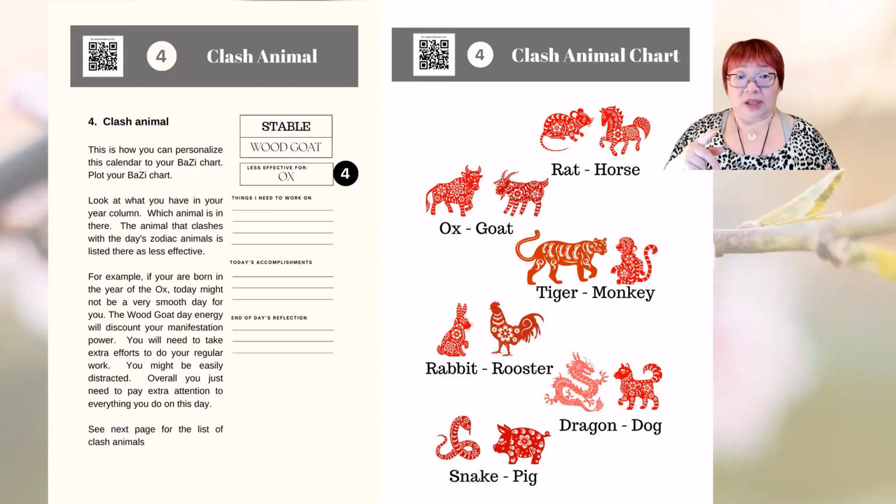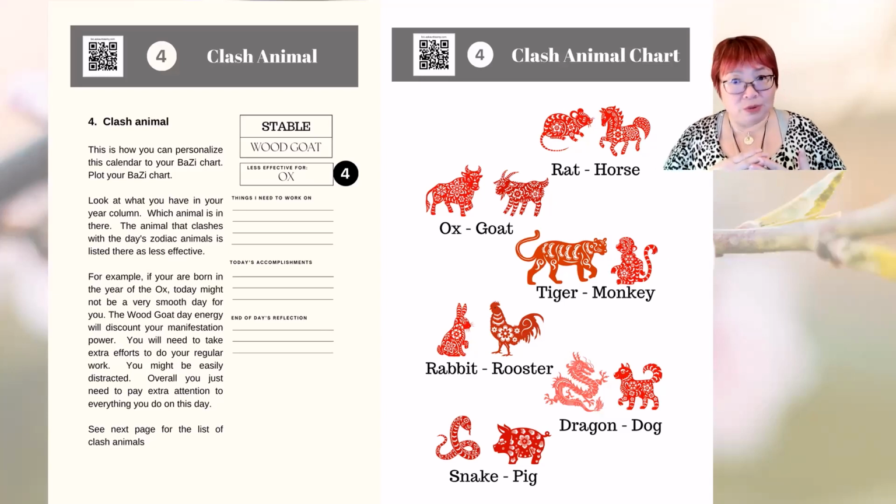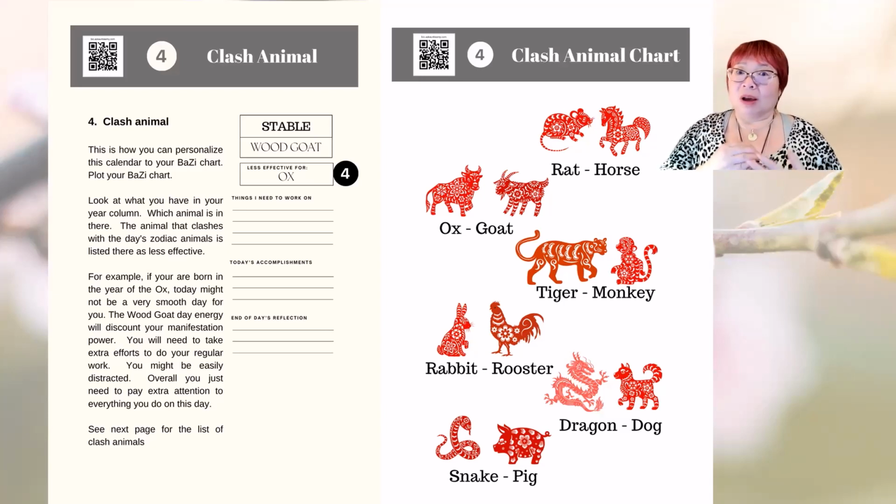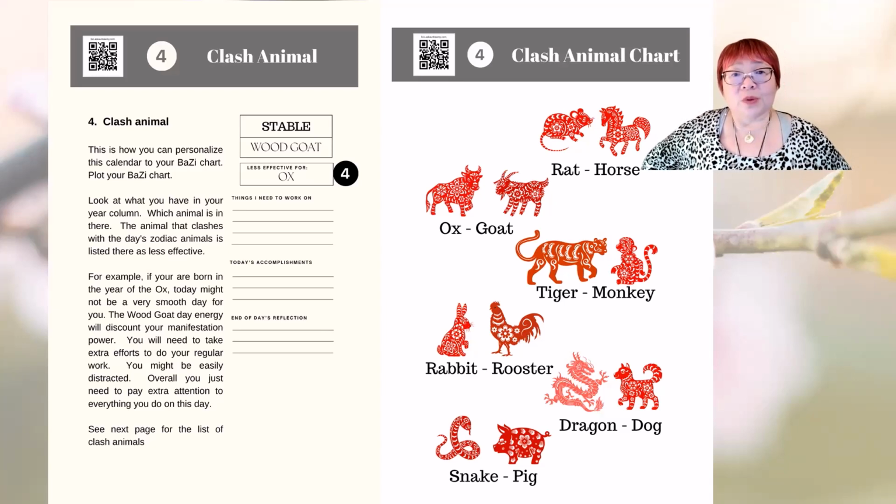Especially, say this year, 2023, is a rabbit year, and March is a rabbit month. If you happen to be a rooster, that means in the month of March, it's kind of stressful for you. Not exactly the best time for you. So you just have to be extra careful. Whenever a clash day like that happens, cross your T's and dot your I's.